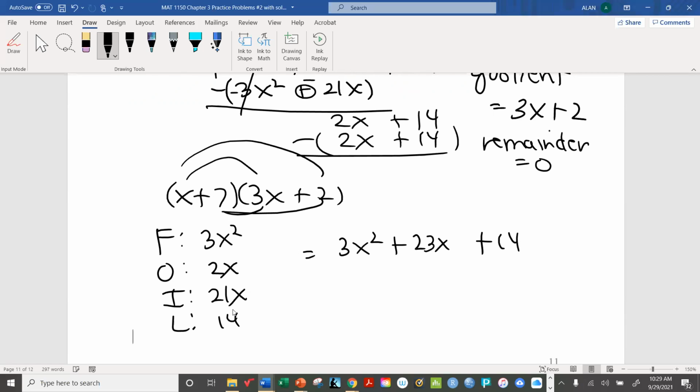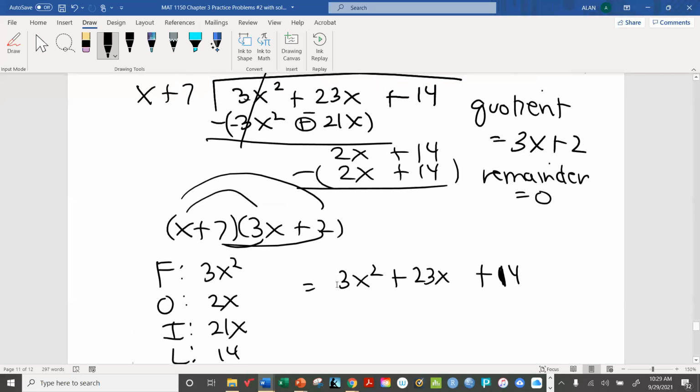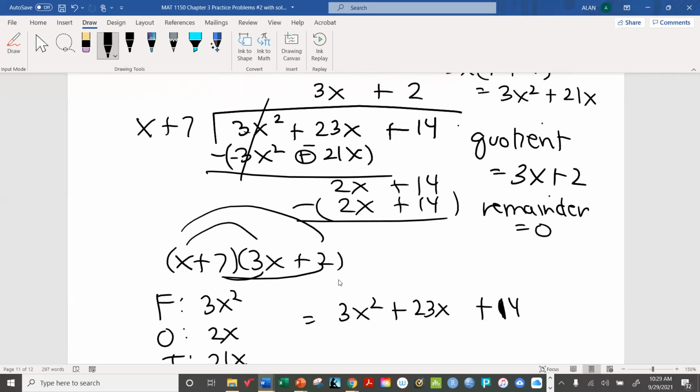Yeah, that's it. So this is correct. The quotient is 3x plus 2. The remainder is 0. So this one evenly divides into that polynomial.